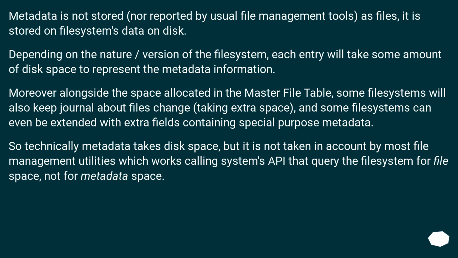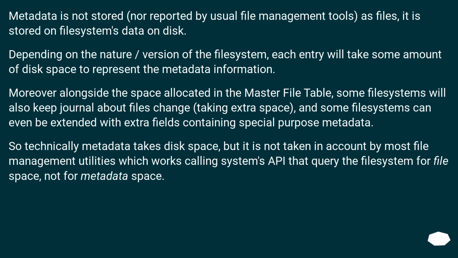Metadata is not stored, nor reported by usual file management tools, as files. It is stored in file system data on disk. Depending on the nature and version of a file system, each entry will take some amount of disk space to represent the metadata information.